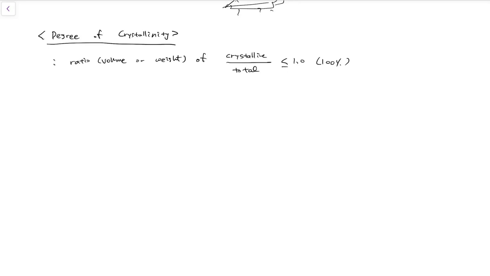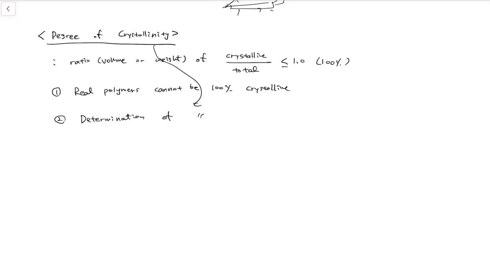I already mentioned that real polymers cannot be 100% crystalline. Okay, there should be some portion of amorphous region. Okay, so we learn how to determine the degree of crystallinity.